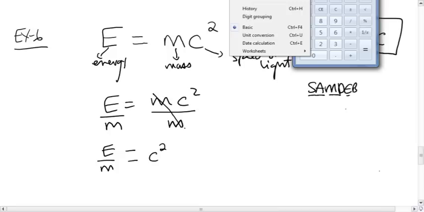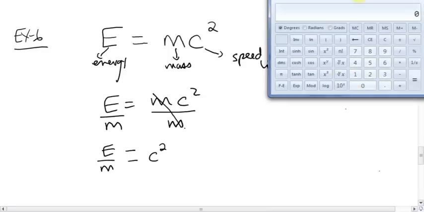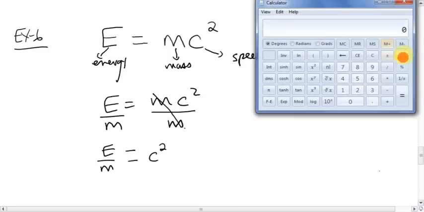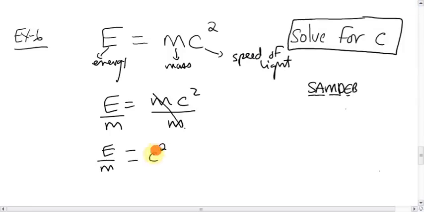Maybe on the longer calculator I do. The opposite of squaring is this button right here, the square root button. The opposite of squaring is the square root.